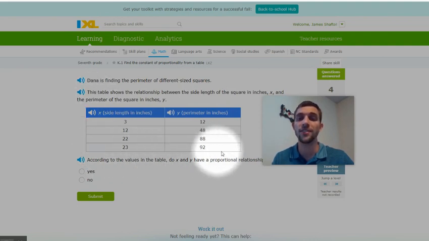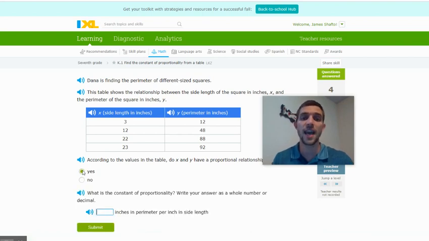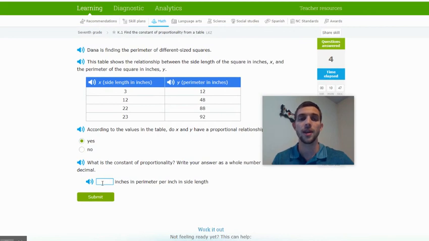According to the values, is it proportional? 12 divided by 3 is y divided by x, and that's going to be 4. 48 divided by 12 is 4. 88 divided by 22 is 4. And 92 divided by 23 is 4. All of those have the same unit rate, so yes, it is a proportional relationship. And we know that it has 4 inches in perimeter per inch in the side length.